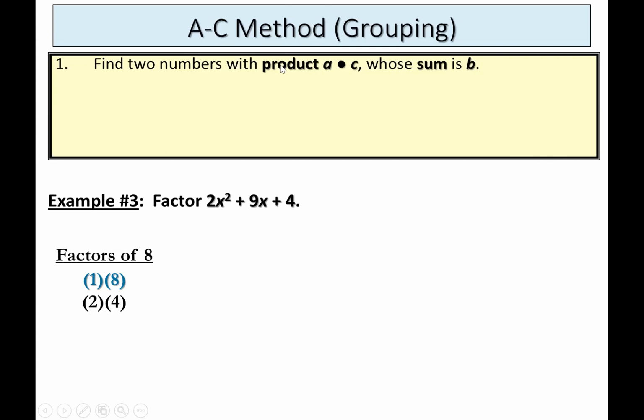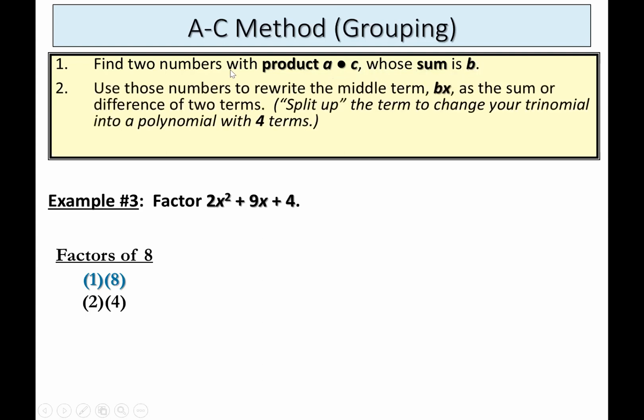We're still looking for a product and a sum. It's just that this time the product isn't just C, it's A times C. But the sum will still be B. That should probably sound confusing. You'll see an example. Math always gets better with examples. All right, so we'll find two numbers with the product A times C whose sum is B.